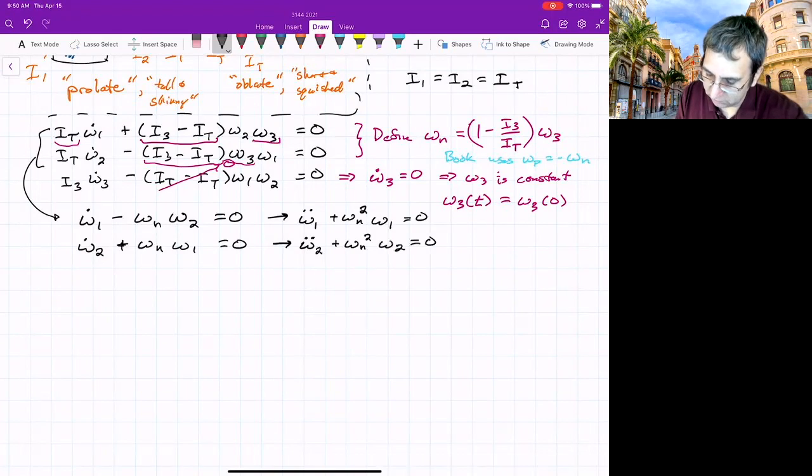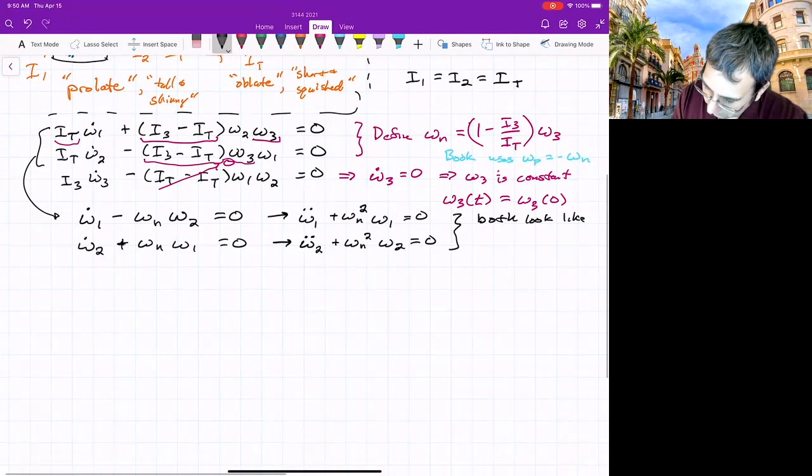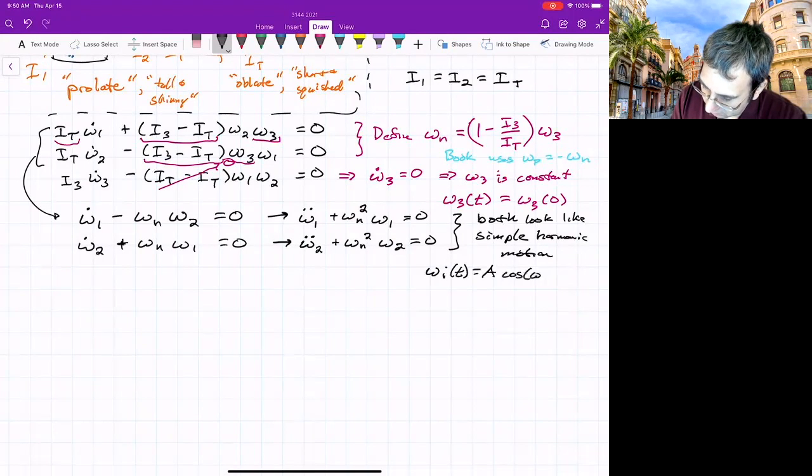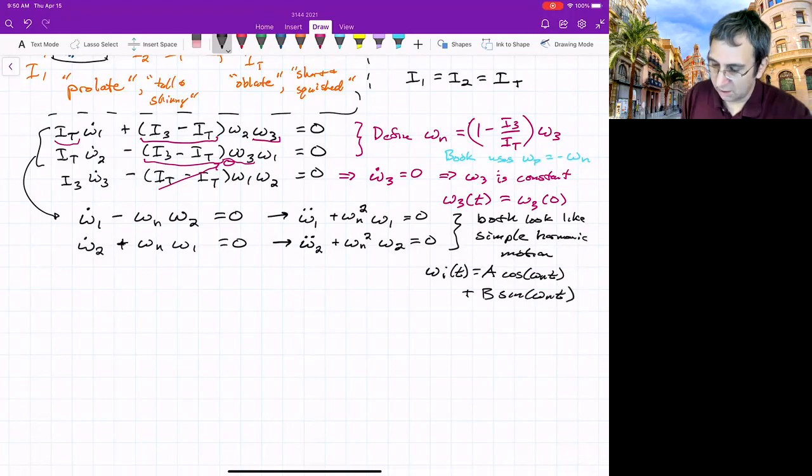So now I have what look like two uncoupled simple harmonic oscillators. Both are going to do simple harmonic motion, sines and cosines. For each of them, it would be like A cosine omega n t plus B sine omega n t, and you could get A and B from initial conditions.